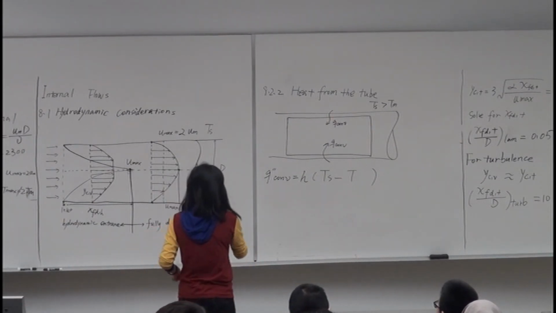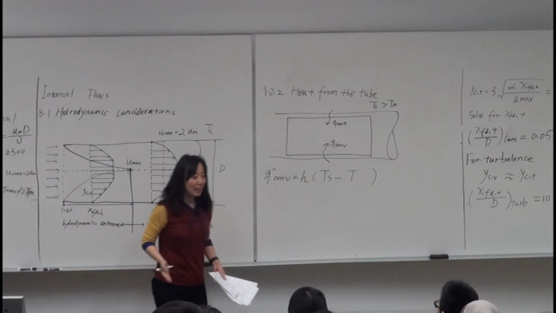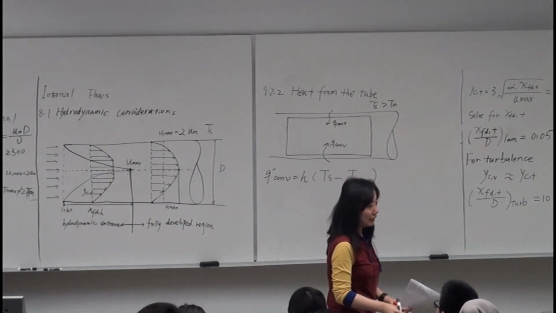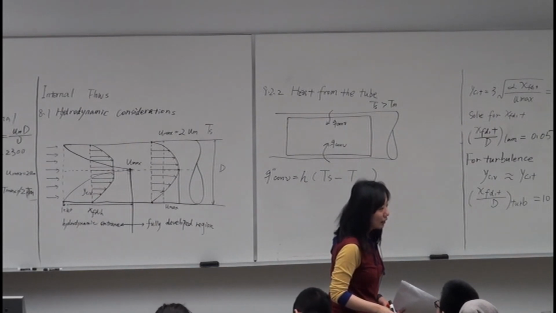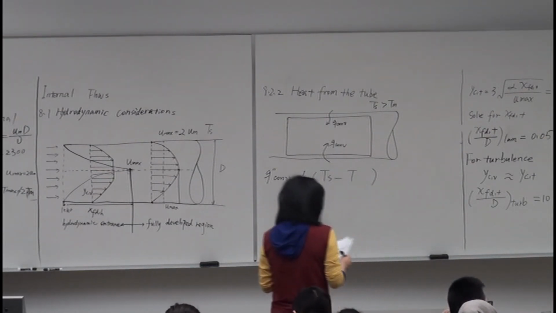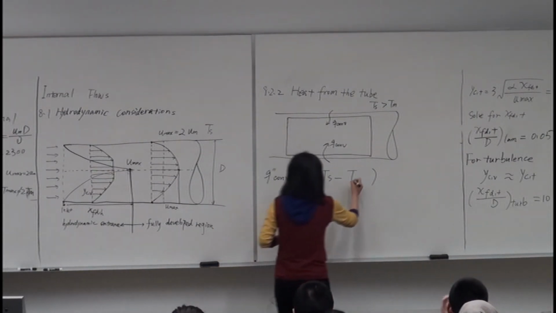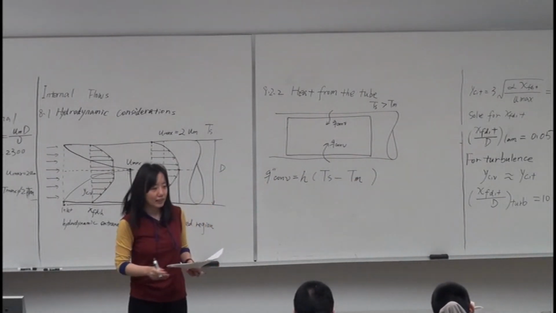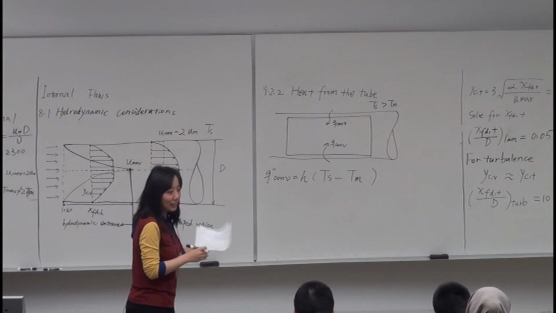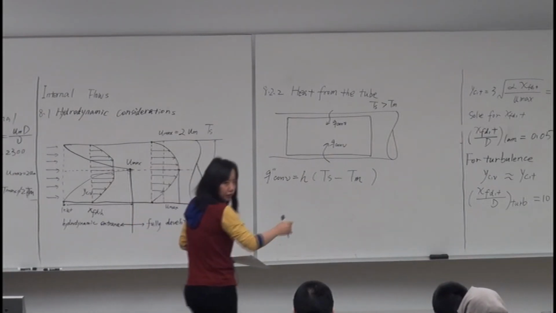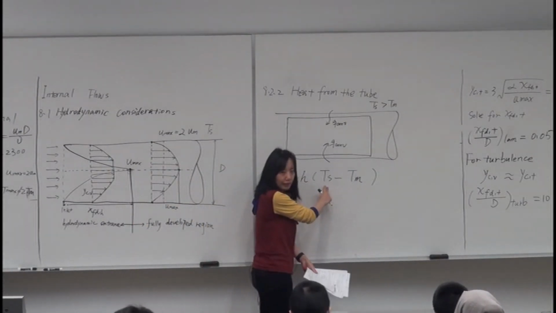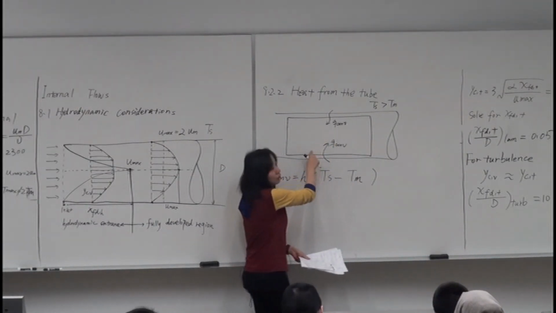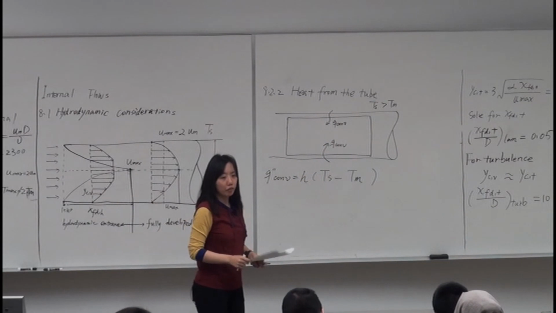But how about here? We don't have a T infinity here, right? What should we put there to calculate the temperature difference? The mean temperature. Yes, mean temperature. That's the way we define convective heat flux in internal flows. The temperature difference is given by the surface temperature minus the mean temperature of the internal flow.